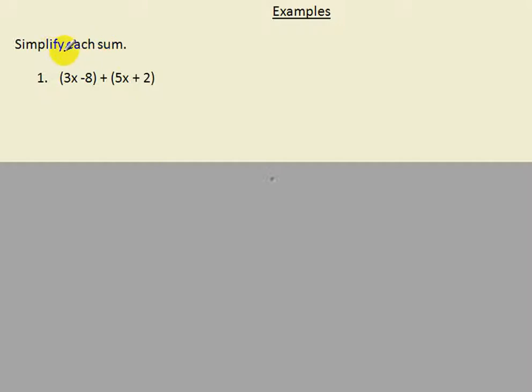So here we have simplify each sum. We have 3x minus 8 plus 5x plus 2. If you want, you can look at the degree of each term. This is degree 1, degree 0, degree 1, degree 0. So we have degree 1, x is our variable. Those will combine. So 3x plus 5x will go together.